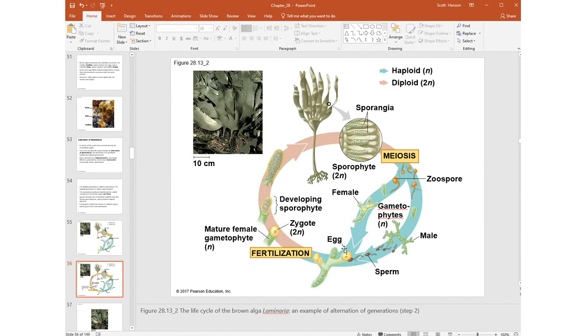The zygote initially is just a part of the structure of this female gametophyte, but then it develops into a sporophyte, and eventually that sporophyte breaks off and becomes an independent sporophyte individual living on its own that produces spores, and you go through the whole process again. So it's kind of an interesting alternation of generations here. There's a gametophyte generation, there's a sporophyte generation, and it's an interesting life cycle.